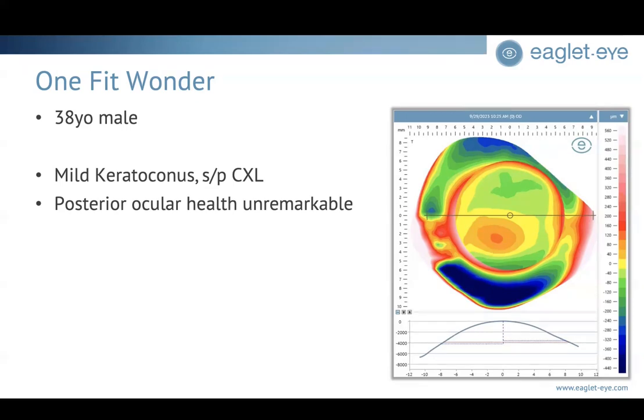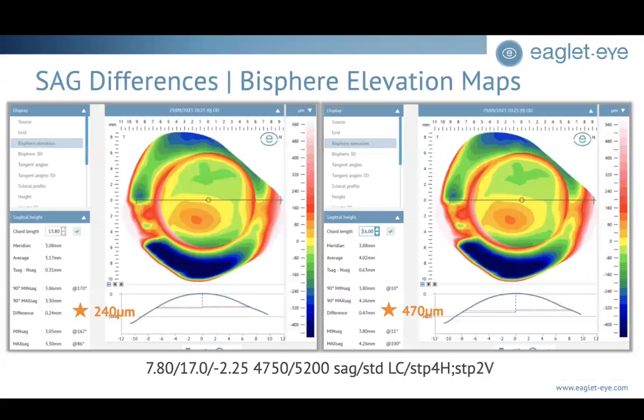So again, 38-year-old male, eye health is unremarkable. Mild keratoconus has already been cross-linked. Now, this is the patient's map showing a bisphere elevation map.